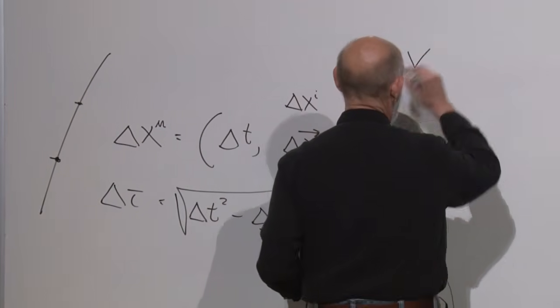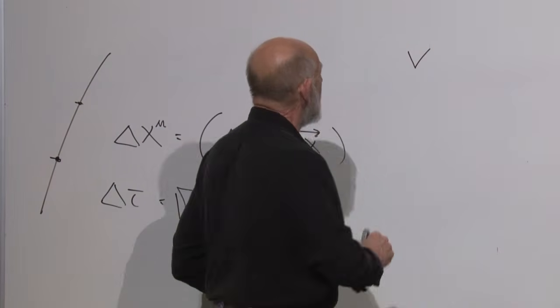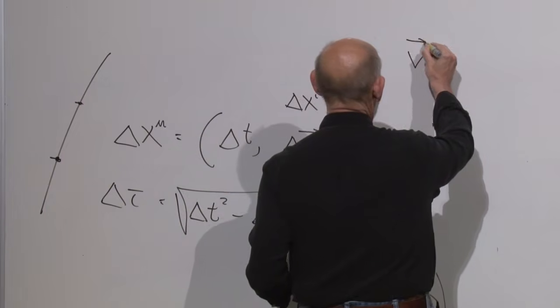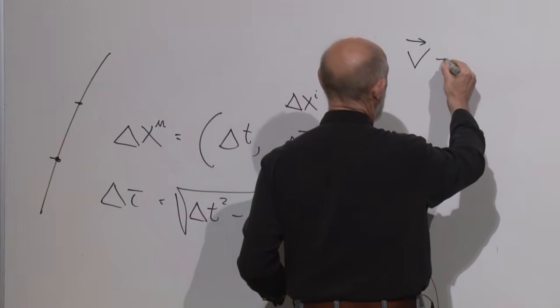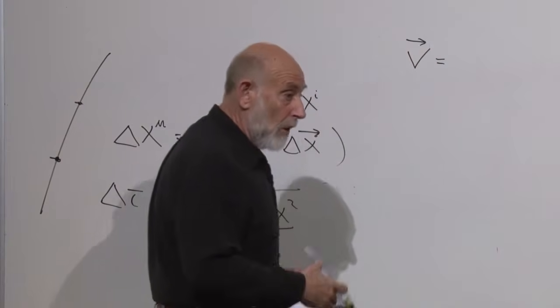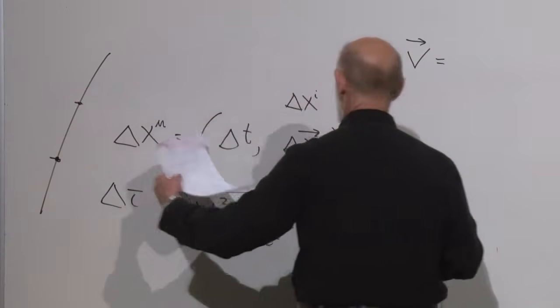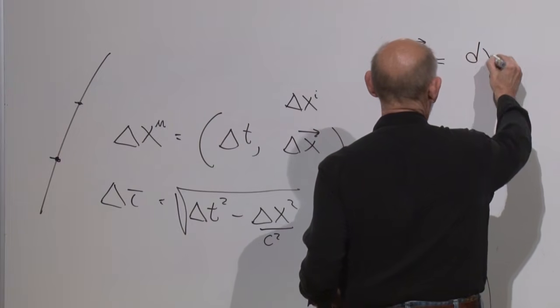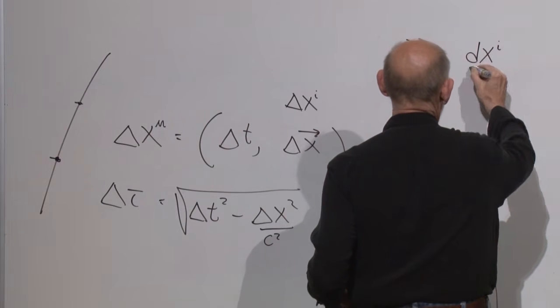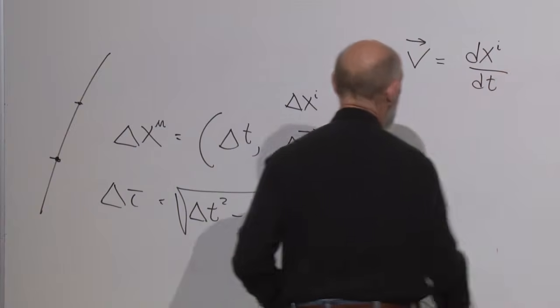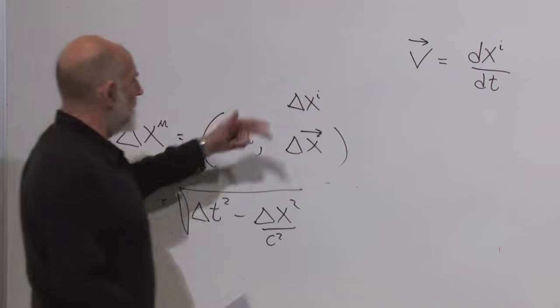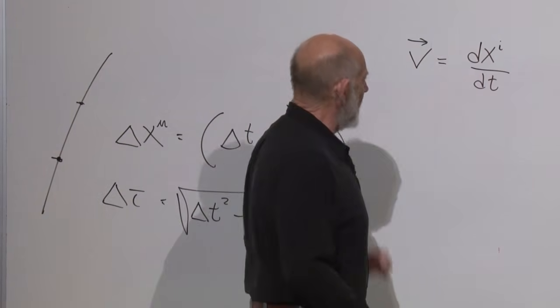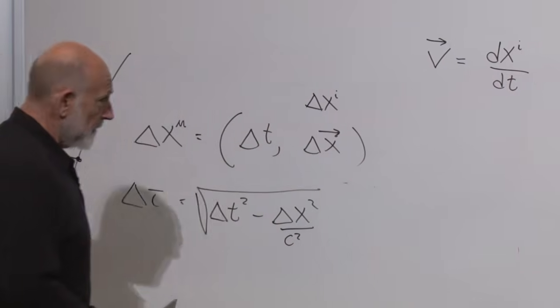The ordinary velocity, let's call it v with a vector here. Its components are simply dx i by dt, or in the limit that the delta x's get small, the limit of delta x i divided by delta t.